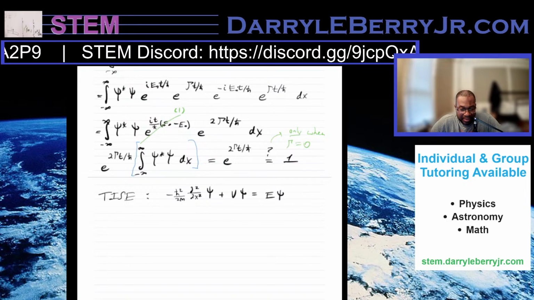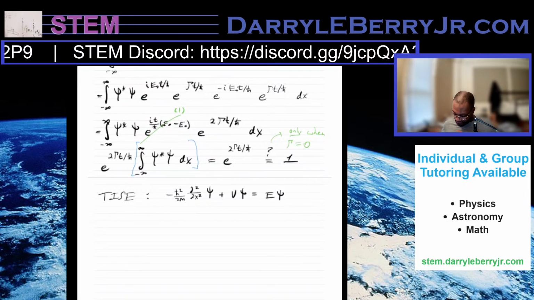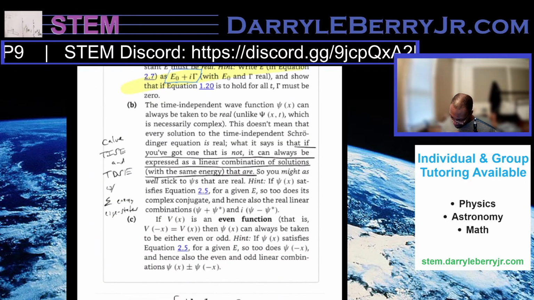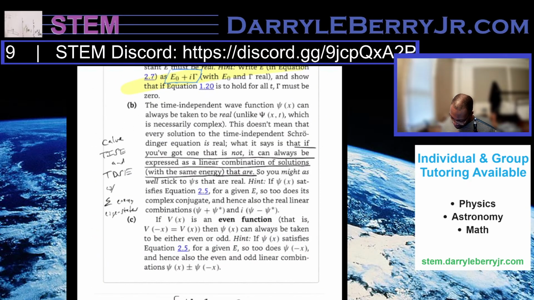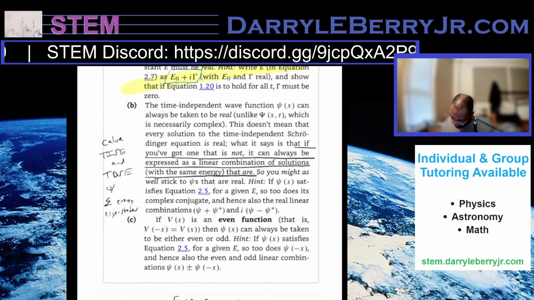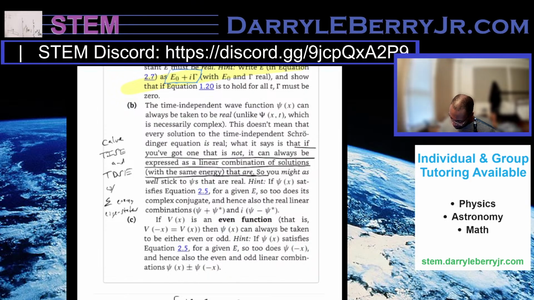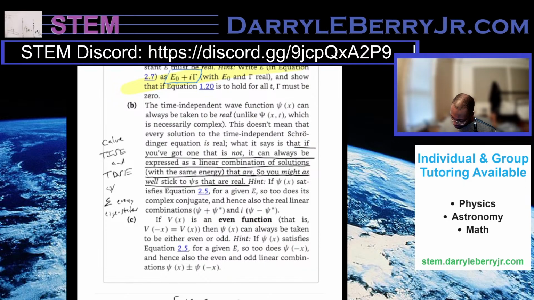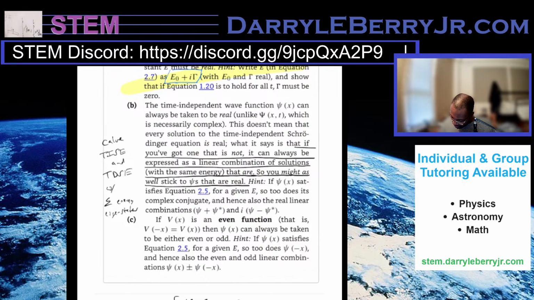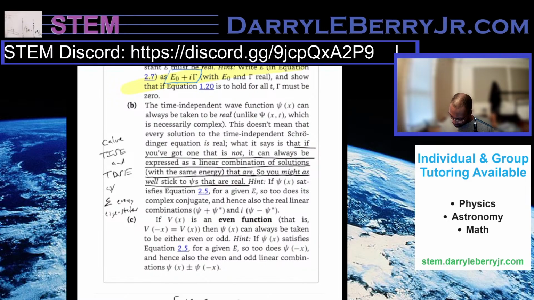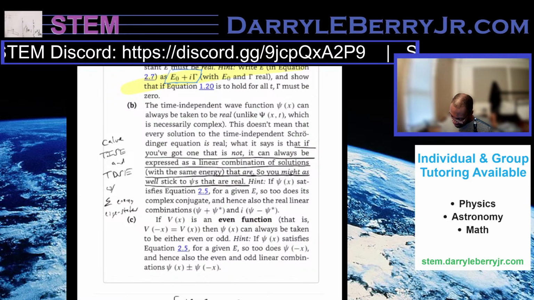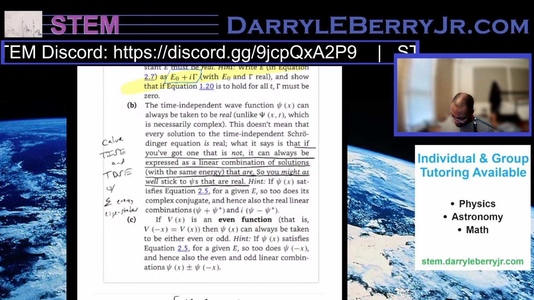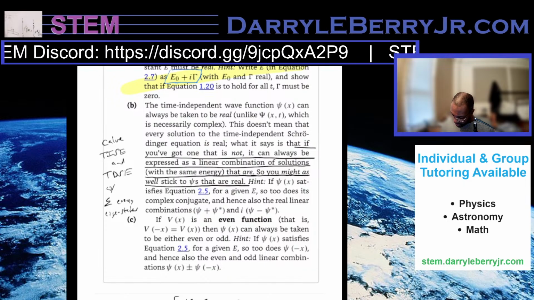If we take the complex conjugate of everything, we find the following. Let me make sure I have what they want. So you might as well stick to psi's that are real. Hint: if psi of x satisfies equation 2.5 for a given E, so too does its complex conjugate, and hence also the real linear combinations.